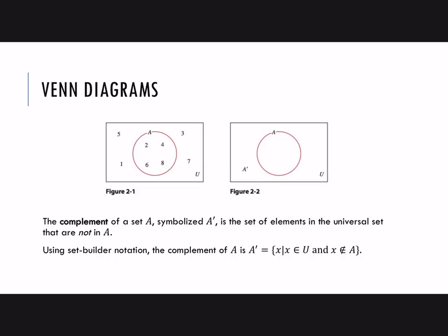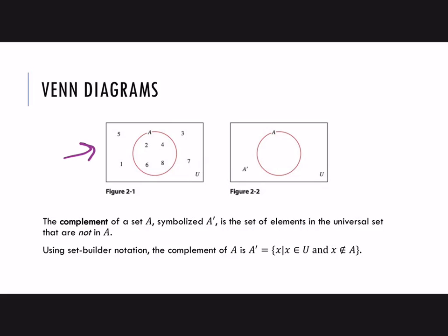Okay, so on the left we have a figure which represents a universal set, and we use this rectangle to talk about the universal set or the context of our problem. So you would look inside there and any elements, numbers, letters, etc., things that you see inside, those would be all of the things that are in the universal set. So this one is depicting our universal set from the last example.